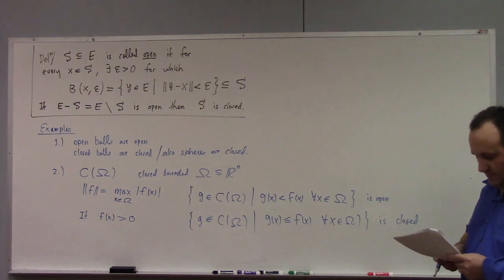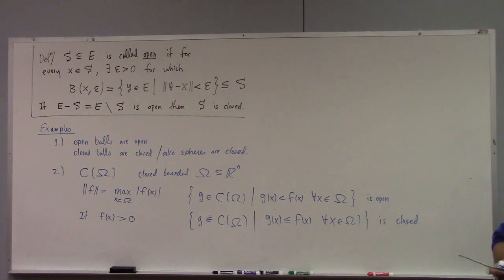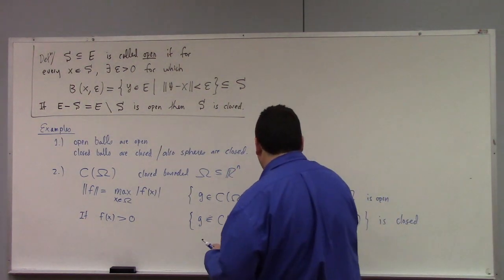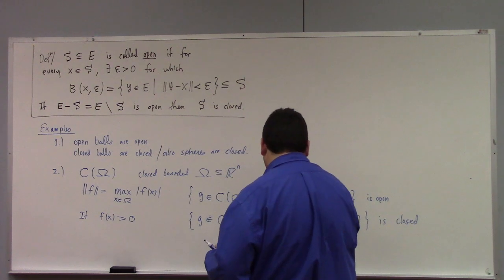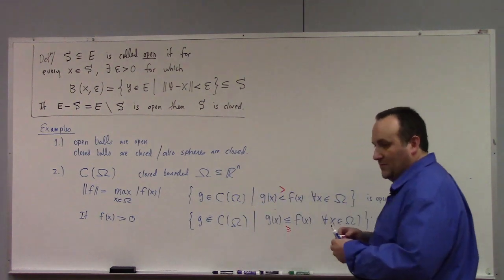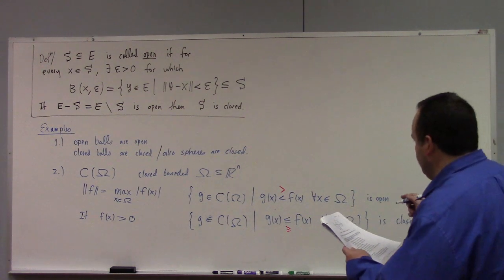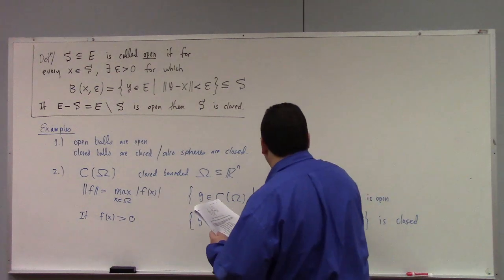All right, and the same is true if you replace it with the other two examples, where you turn the inequality around; it's still open, it's still closed. And I guess I'll write one more. This is the one that I thought was interesting.